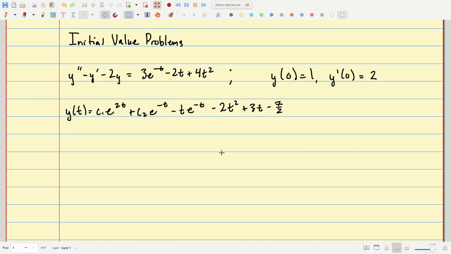We're trying to find C1 and C2. Plug in 0, set equal to 1, and then we're going to get C1 e to the 0, so that's just C1, plus C2 e to the 0, so that's just 1, plus 0 because of this t, plus a 0 because of that t squared, plus a 0 because of that t, minus 7 halves.